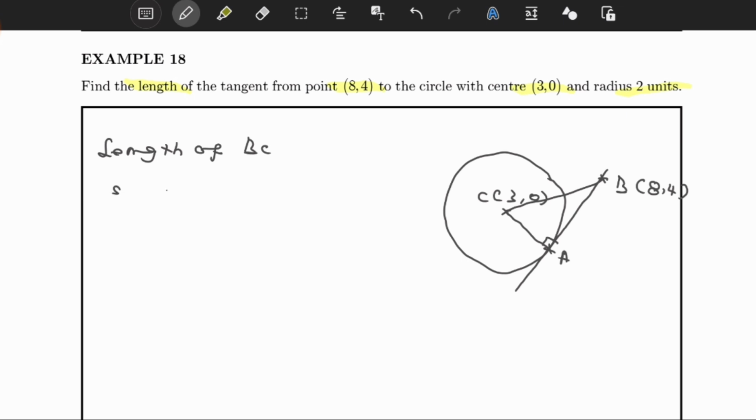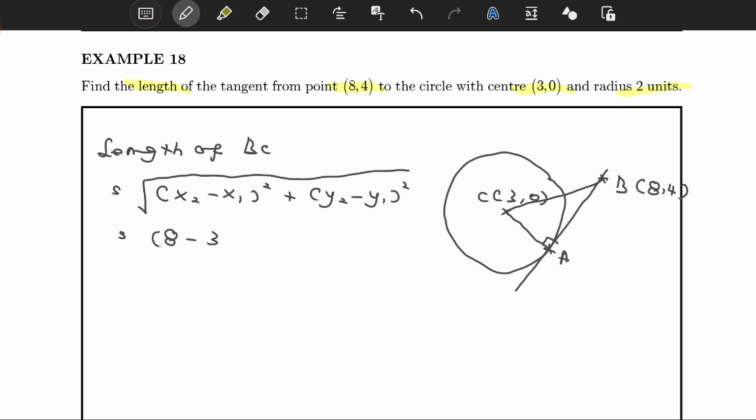We will use the formula square root of (x2 minus x1) squared plus (y2 minus y1) squared. So we can see that square root of (8 minus 3) squared plus (4 minus 0) squared. We get the value square root of 41 for the length.